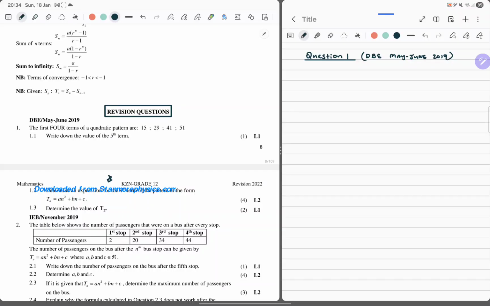So let's see, 1.1. We are told that there are 4 terms of this quadratic pattern, 15, 29, 41, and 51. And we need to write down the value of the 5th term. Now, once the question says write down, it means answer only, guys.